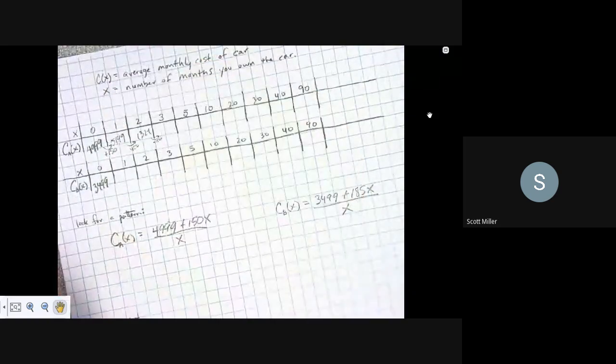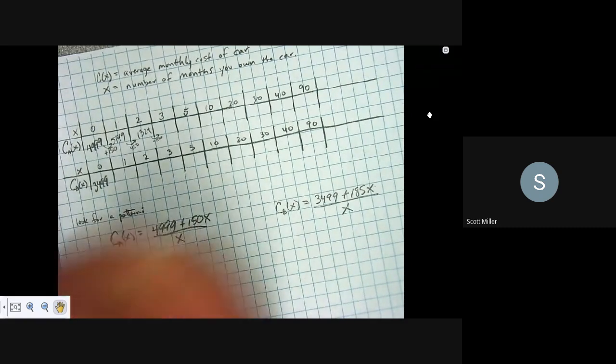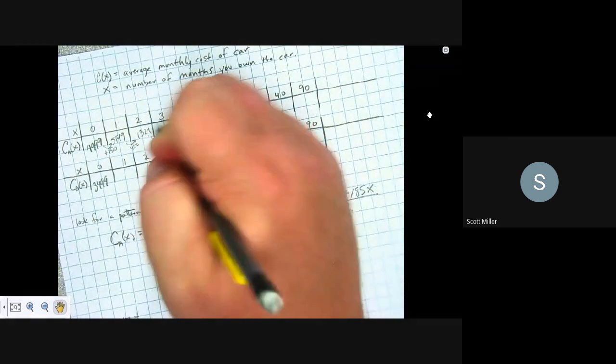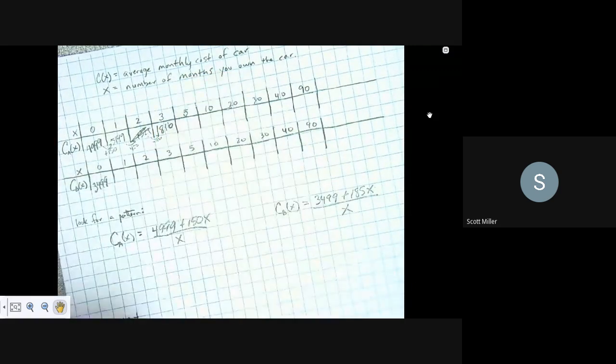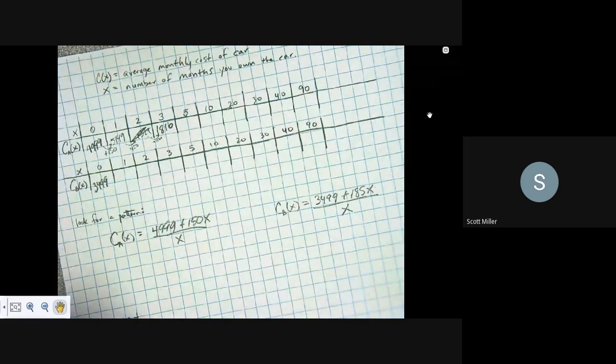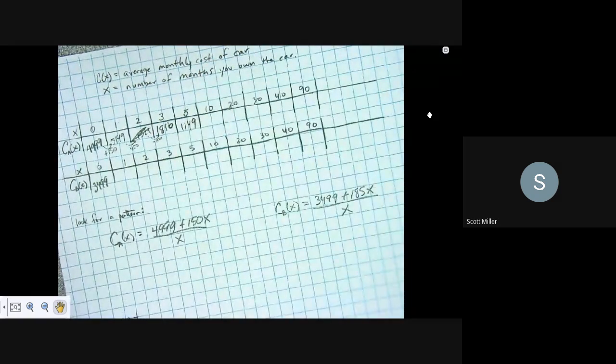I'm on the wrong graph, that's why. I don't know what happened there. This is 1816. And let's go to 5. And this is 1149. Let's go to 10.